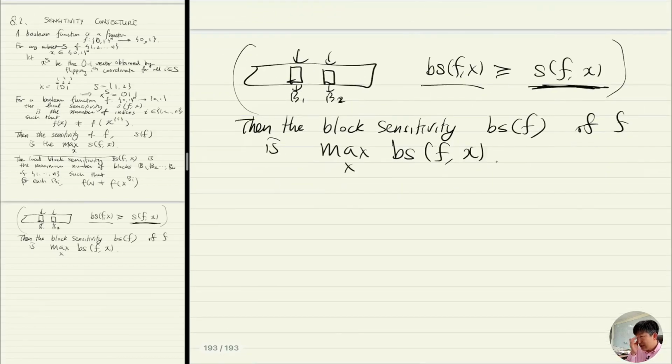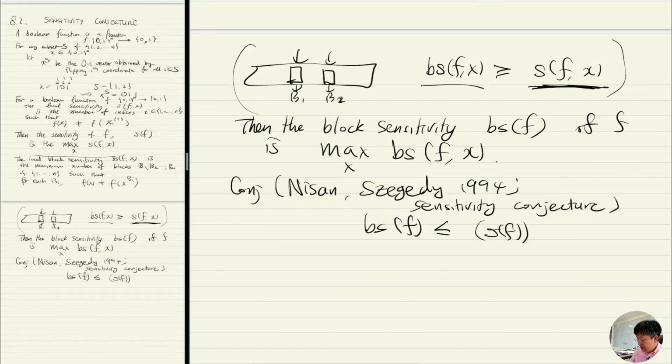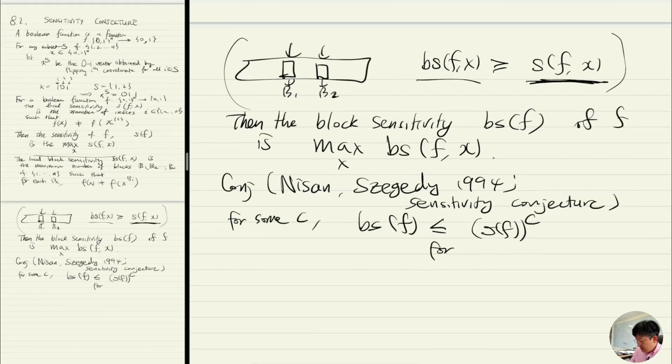Now here's the conjecture by Nisan and Szegedy in 1994, and this is called the sensitivity conjecture. This conjecture says that for any Boolean function, the block sensitivity is at most the sensitivity to a certain power c, for some constant c. This is true for any Boolean function.